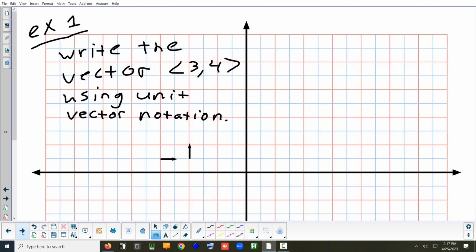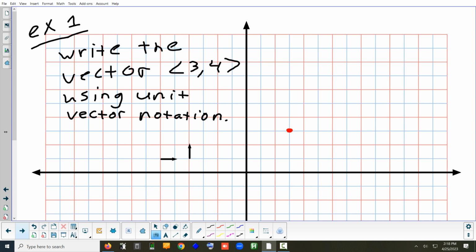Let's look at this one, the vector 3, 4. This is given. I just made that up. That's the question. So I'm going to draw the vector 3, 4. And then I want to see how I can build that vector using I's and J's, and we're going to stack them together. So here's the vector 3, 4. Well, actually, you tell me.